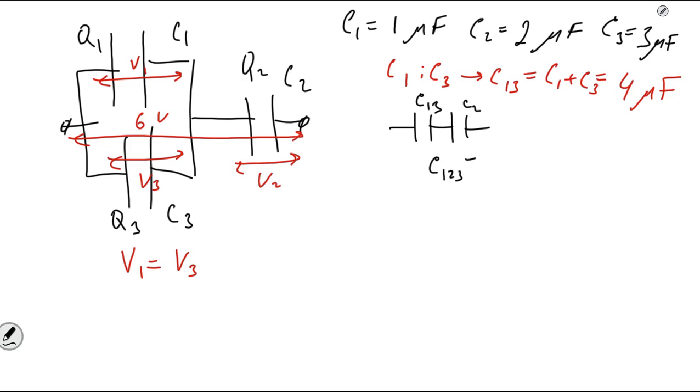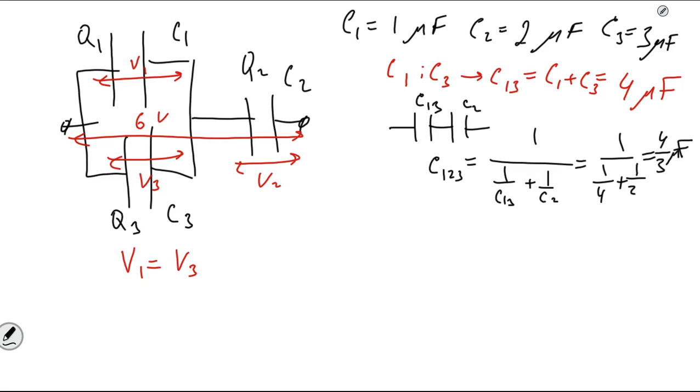Because in series we can calculate using that rule, that gives us 1 over (1 over 4 plus 1 over 2), so 4/3 microfarads.